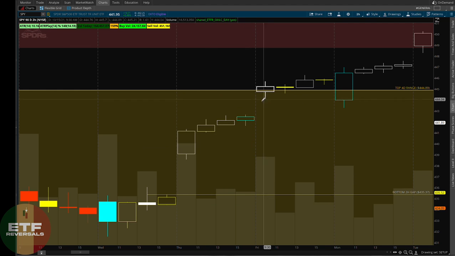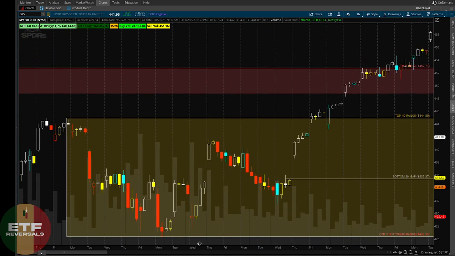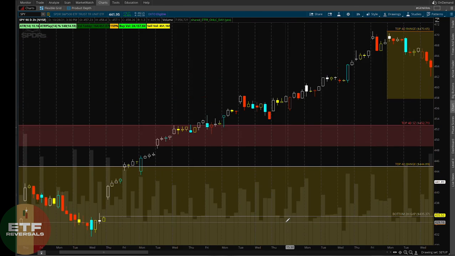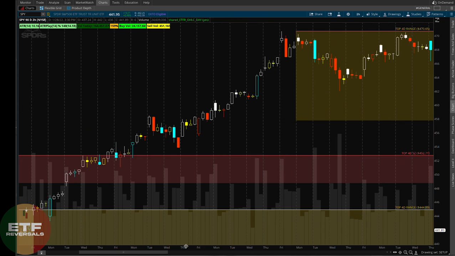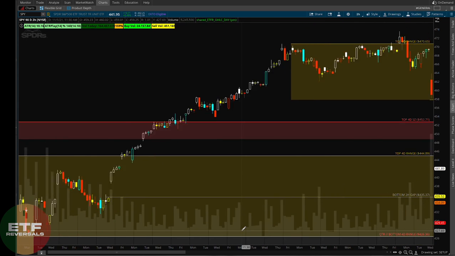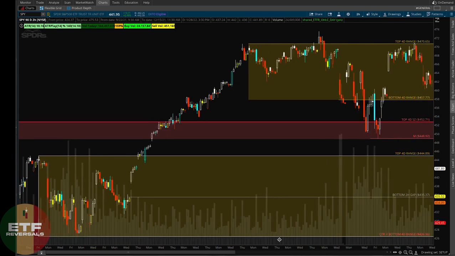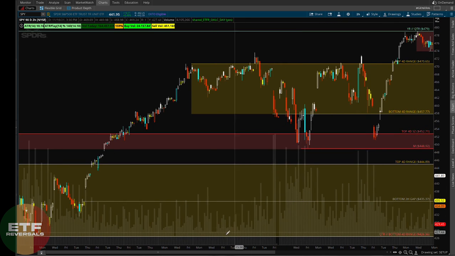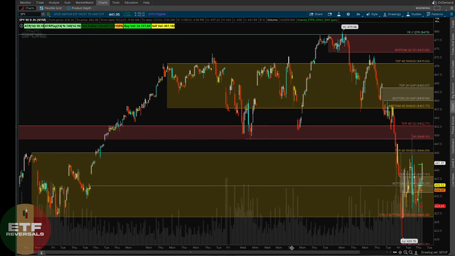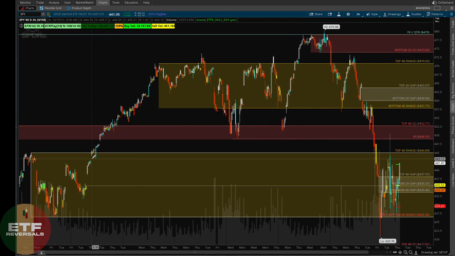And then there's another gap here. Sheesh, when did this happen? Looks like this was in October. Then this is another gap. This is different, so we're going to go ahead and mark these two.